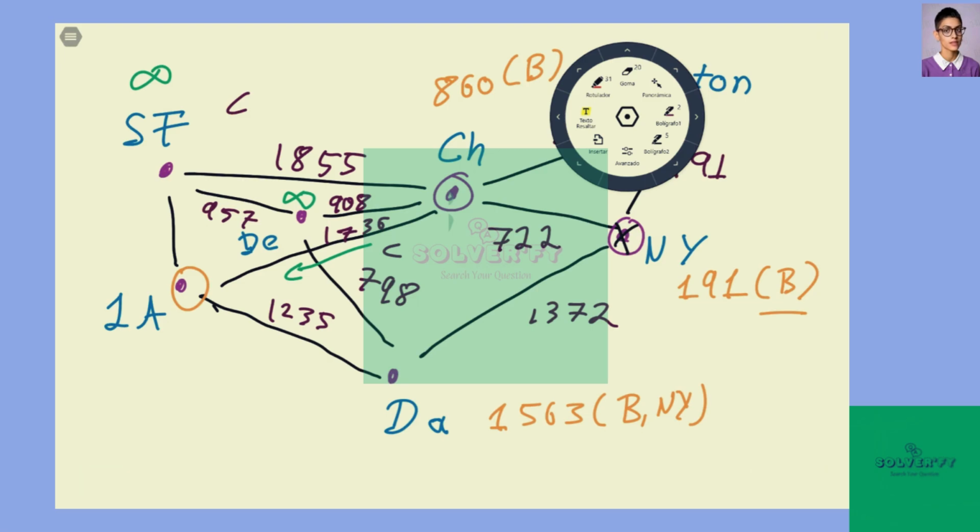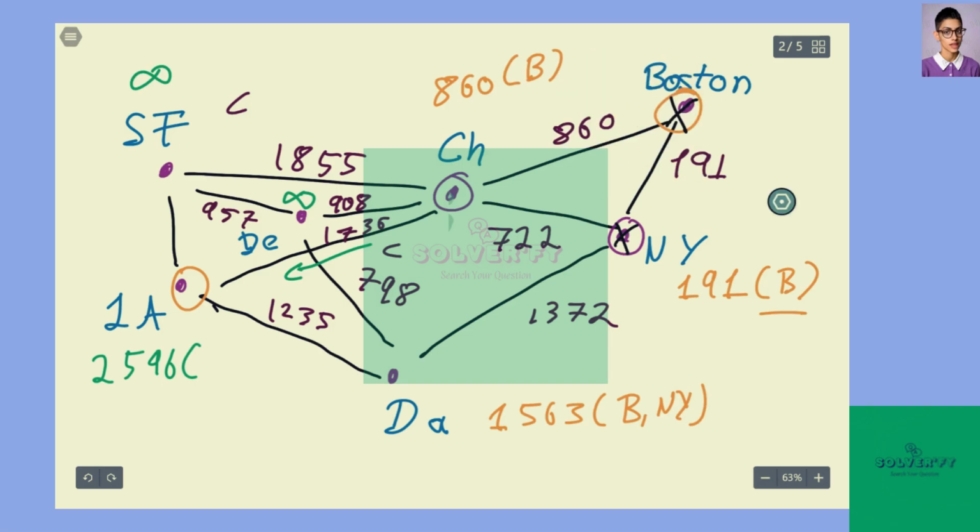It will be 860 plus 1036, so LA is 2596. In parentheses, the nodes that we have traveled are Boston and Chicago, and then we reach LA. So this is the total distance following that path.